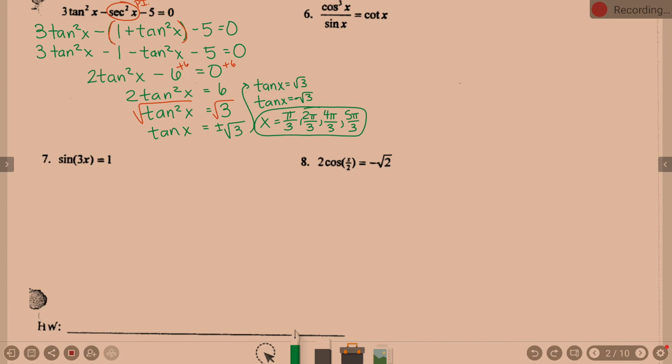Okay. That's a good stopping place. We definitely need to tackle number 6 tomorrow. And then we will also look at 7 and 8. You have an idea of what you're doing. My plan for tomorrow is those 3 examples and then some work time. You are welcome to go ahead and start looking at the homework tonight.